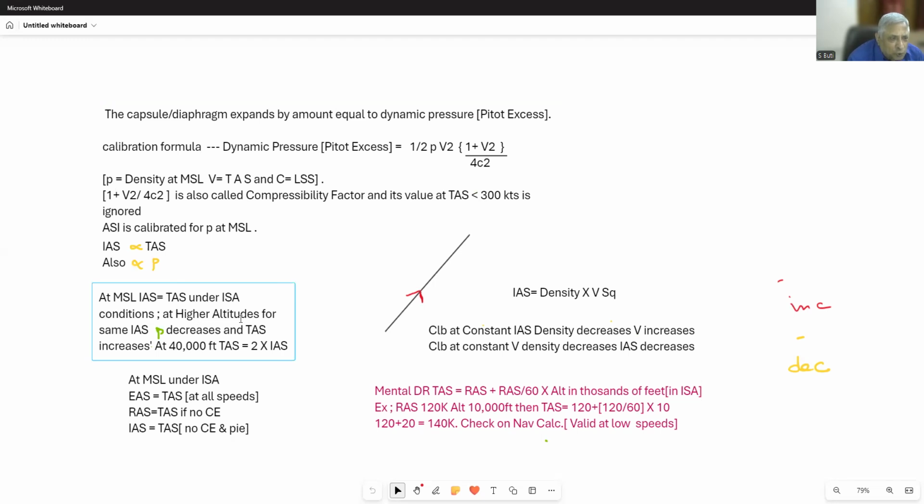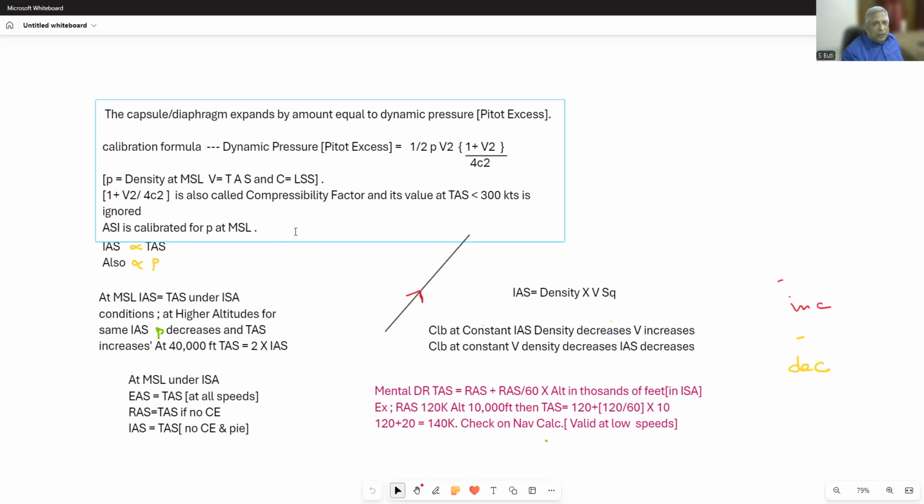At higher altitudes, for the same indicated airspeed, as a function of density and V squared, as I keep climbing at the same indicated airspeed, the density will fall, true airspeed will increase. The sum will remain IAS. If I climb at a constant true airspeed, then as the density keeps falling, IAS will keep falling. So indicated speed is proportional to true airspeed as well as density.